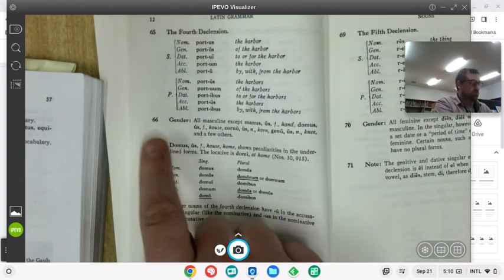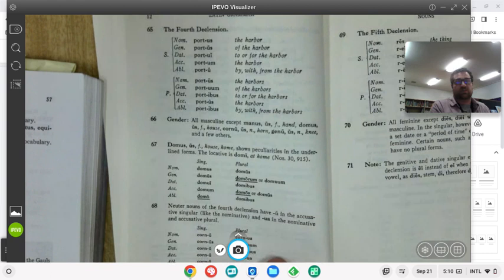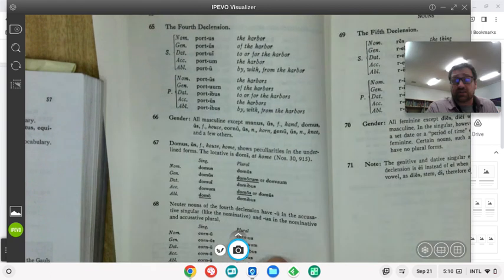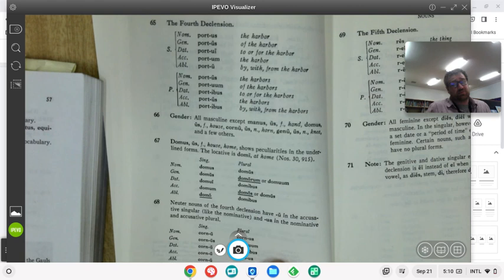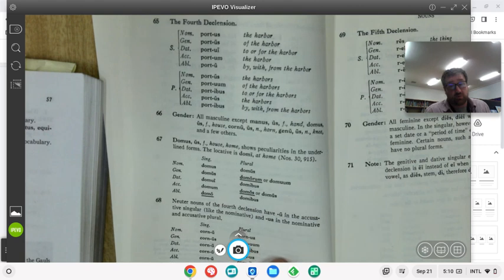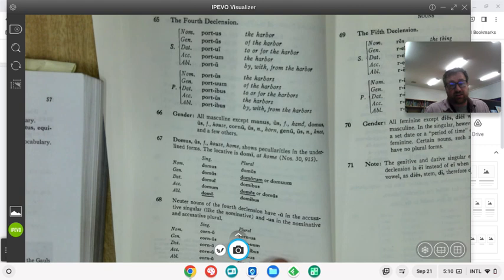Rule 66 talks about gender, and look how short it is. All masculine. These tend to be masculine words, except, and then it lists some exceptions for us. And these are exceptions we'll just have to memorize. And guess what? They're not going to show up in our vocab either. So when we see a fourth declension word, until we're told otherwise, which won't be for a while, we can just safely assume that they are masculine words.